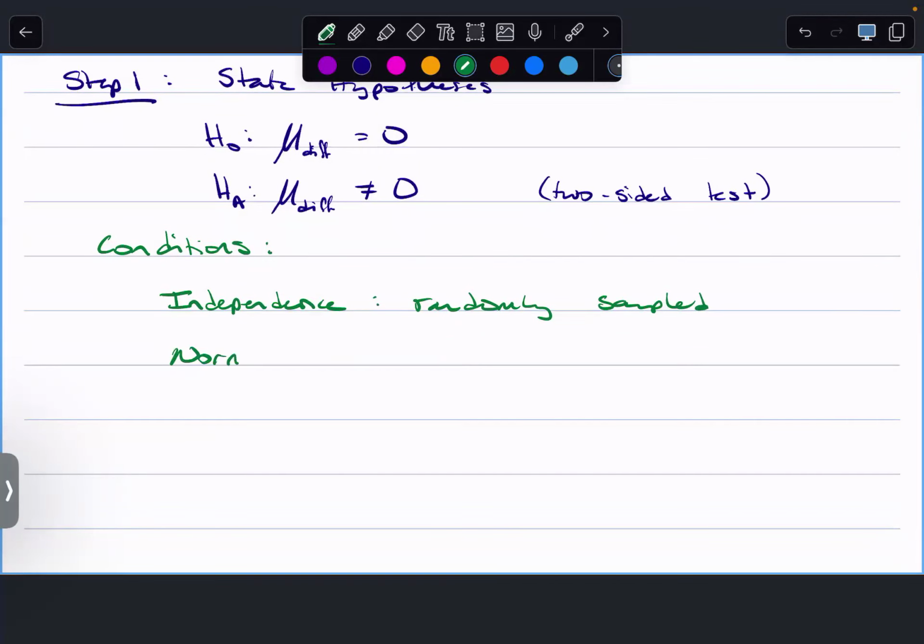And normality: N is greater than 30, so we assume normality. I just wrote that, that's why I'm zipping through it. Now we can go through and do our test. Step 2 is do the test.